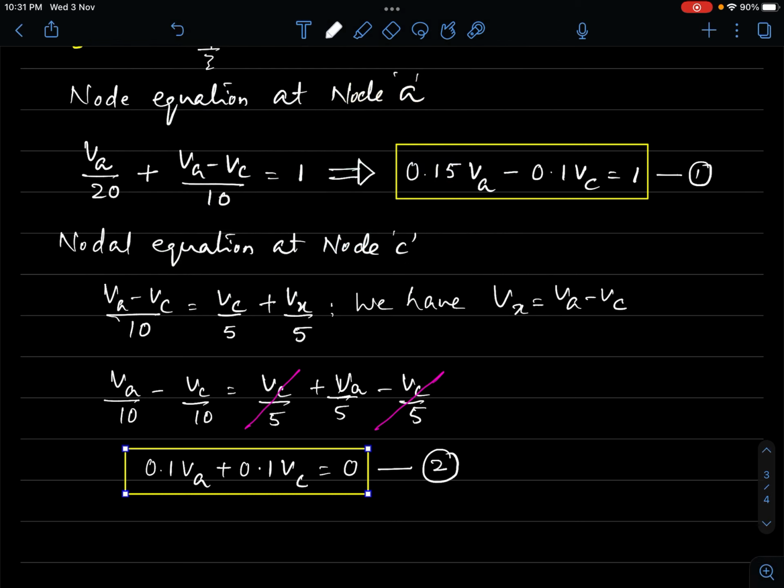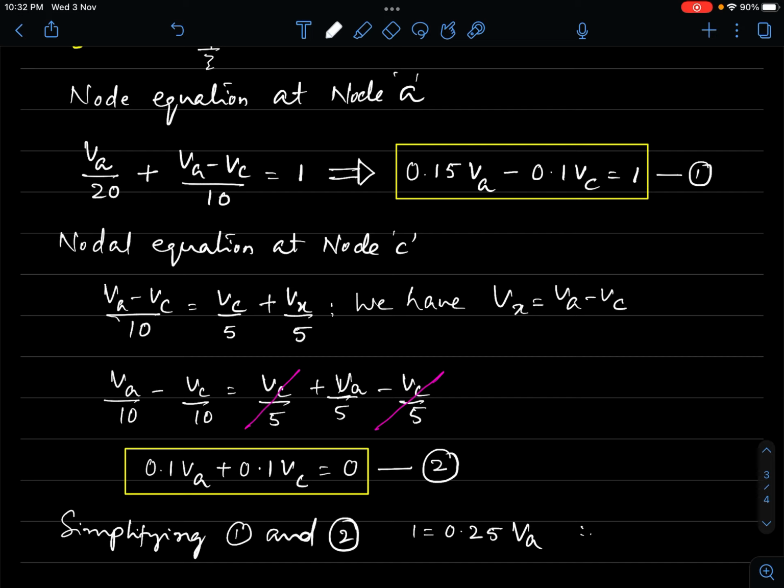What is it we get? Adding 1 and 2 and simplifying, then you will get 1 equal to 0.25 Va.